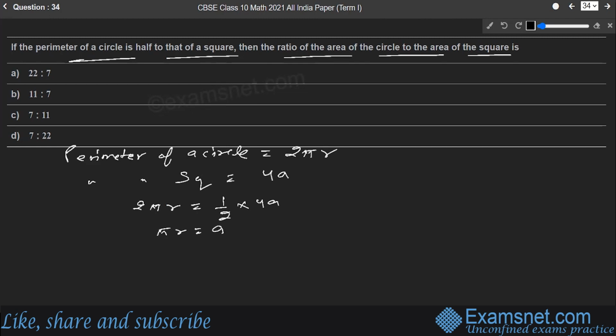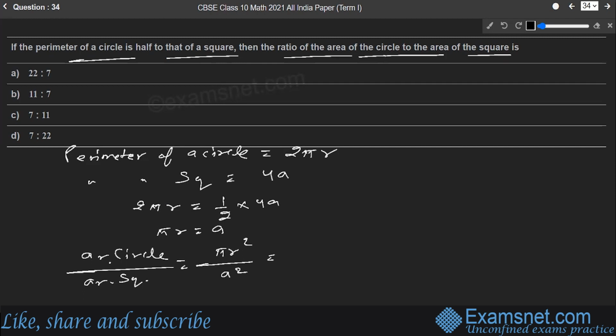Now we are supposed to find the ratio of the area of the circle to the area of the square. So area of circle divided by area of square, that is going to be pi r square divided by a square. But as we already know, pi r is equal to a, so we can replace it.